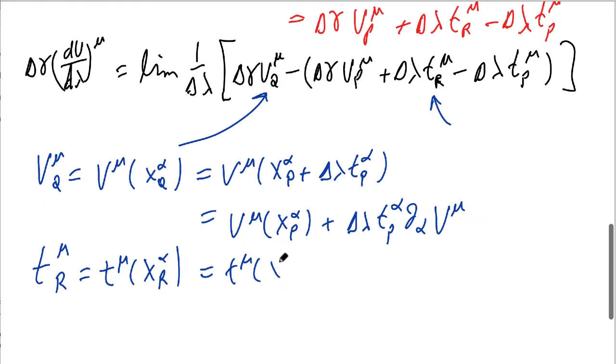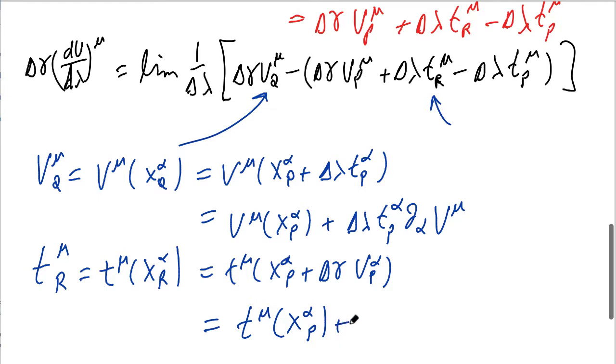So this is x sub p plus delta gamma v sub p. Now expanding that in a Taylor series, we have t at the point P plus delta gamma v sub p alpha partial alpha t sub mu, where again this is evaluated at point P, and the higher order terms we're dropping.